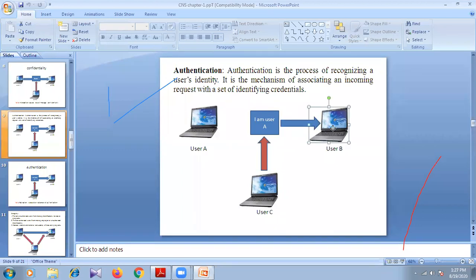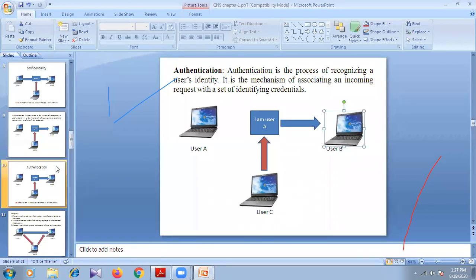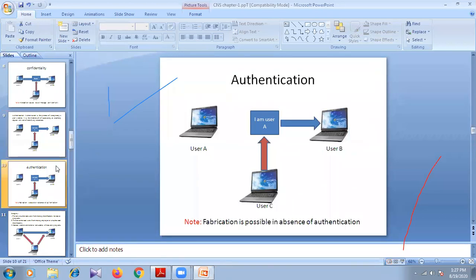Whenever this problem arises, that is the loss or absence of authentication, and you can simply call it fabrication. This is another type of attack.